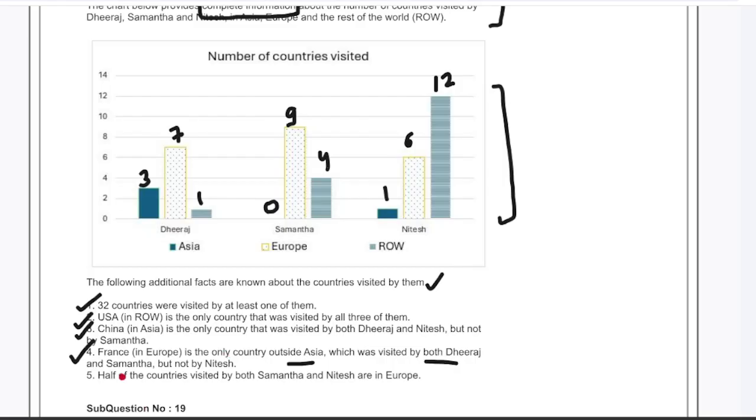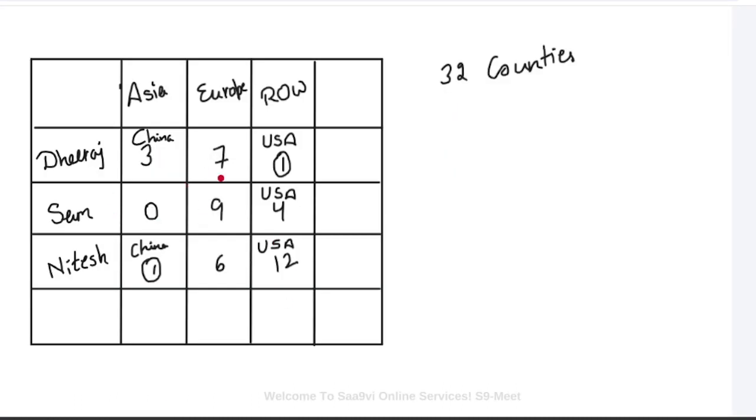Now they said France is the only country outside Asia. So this includes Europe and rest of the world. So France in Europe is the only country. Dheeraj and Samantha both. So Dheeraj and Samantha, they both visited France.